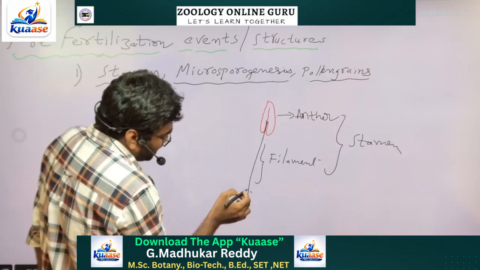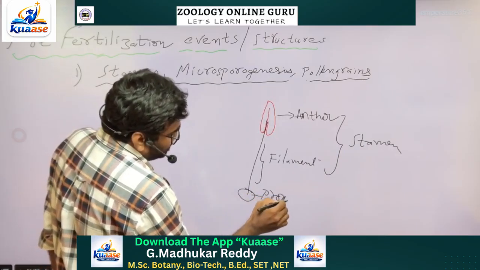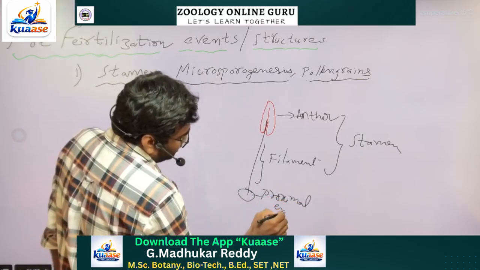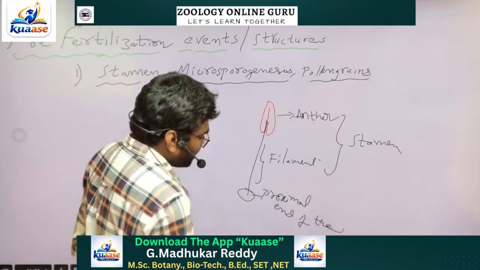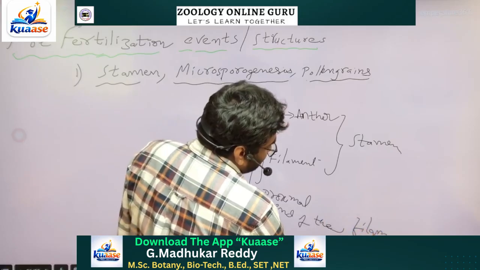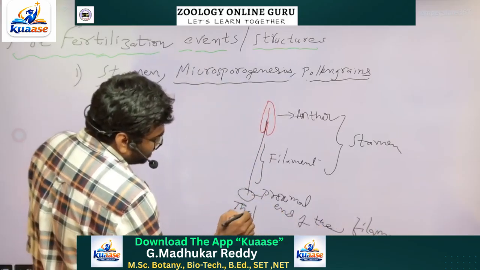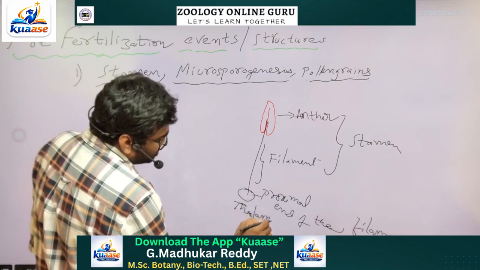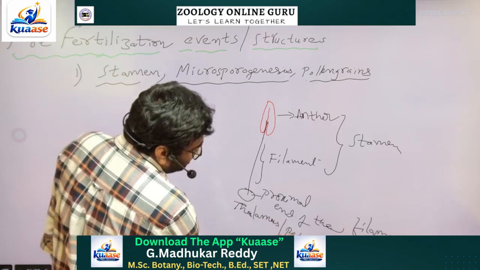This is the proximal end of the filament, and it is a previous NEET examination question. The proximal end of the filament attaches to which part? It attaches to the thalamus or petals.